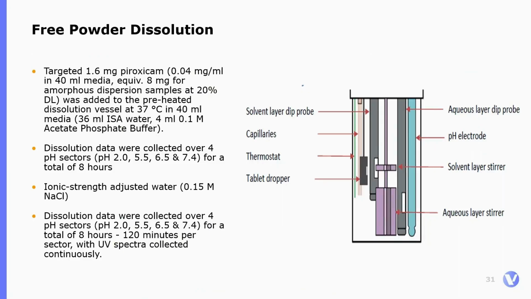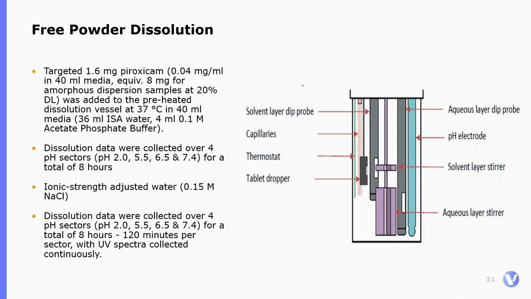Finally, we evaluated the performance of the amorphous dispersions directly against the crystalline Piroxicam. For this, we use our InForm platform, which allows us to adjust the pH dynamically over time to simulate passage through the gastrointestinal tract.